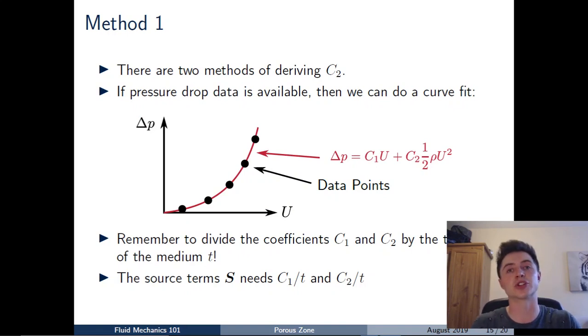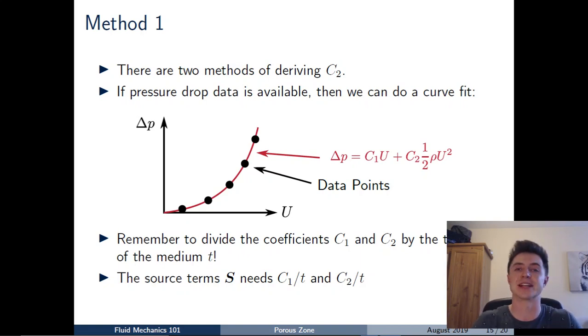Well, it turns out there are two methods which we can use to derive these coefficients. The first method is using empirical data. For some components, particularly filters, which you may see in some industrial applications, manufacturer's data is often available for the pressure drop across the component with velocity or flow rate.